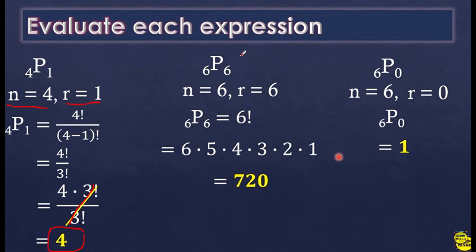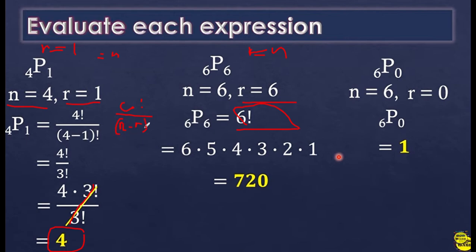Now, how about if ang ating r is equal to 1. If ang ating r is equal to 1, so ang answer nato kay n. Now, if r is equal to n, unsa may ating answer. So, we have n natin is 6, r natin is 6. So, we have 6 factorial lang na siya. Mahimo na siyang 6 factorial over n minus r factorial.